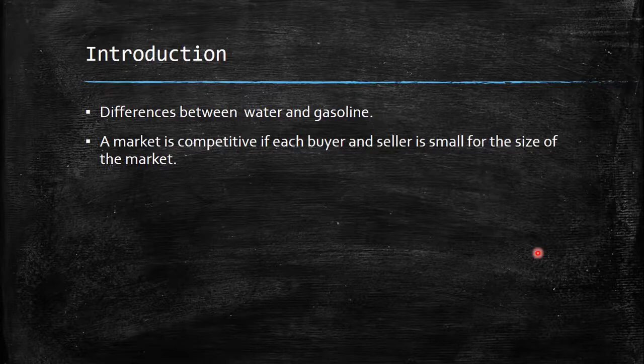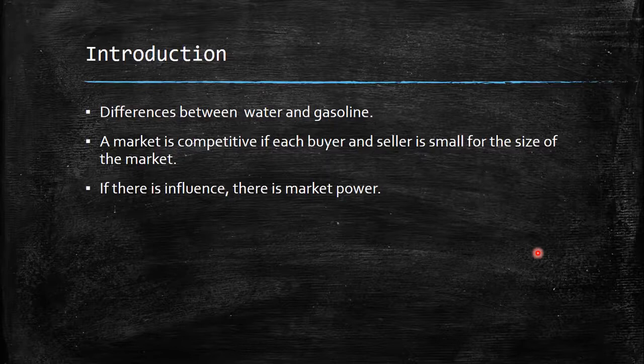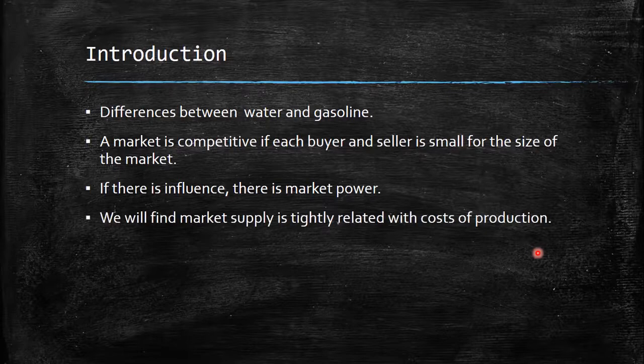They don't have any influence on the market. When there is influence, there is market power. This is the case of water. They can change the price, and people are constrained to pay for this good at that price.